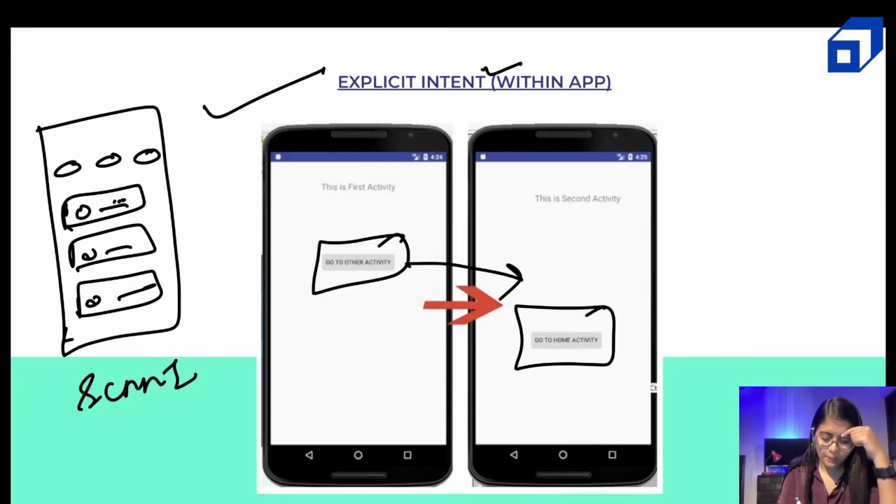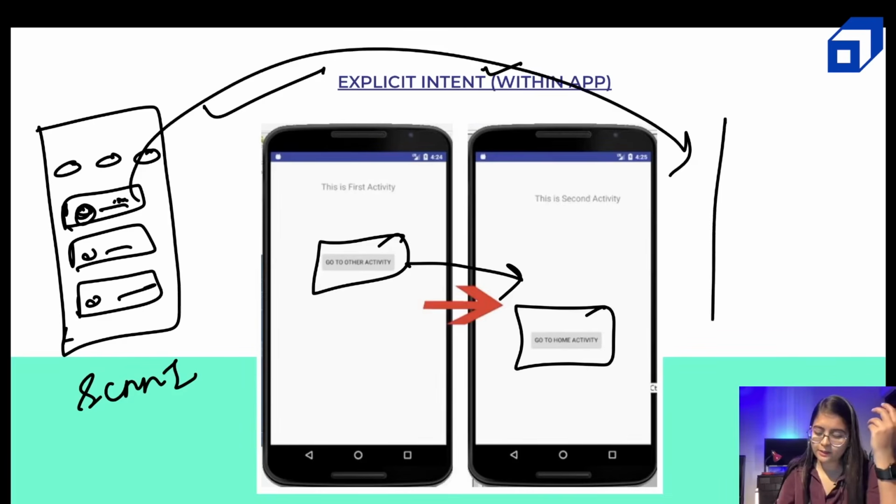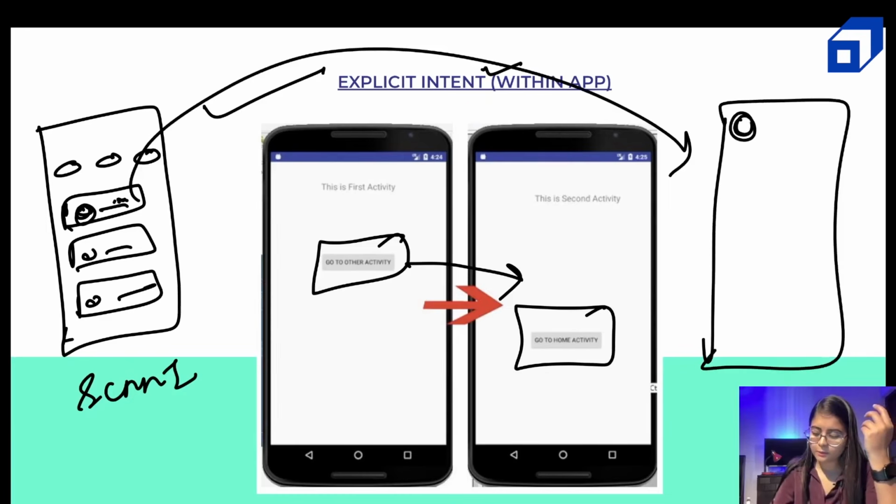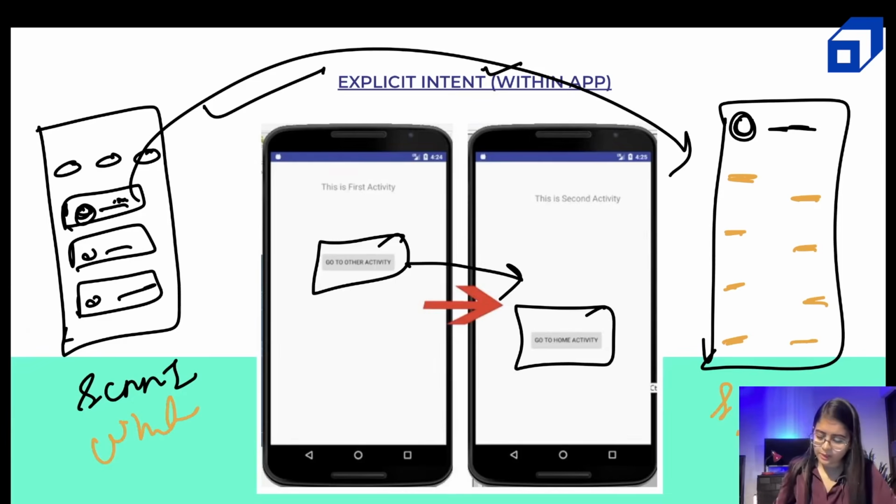Now when you click on a particular contact you want to talk to, you will be redirected to a new page, the person's profile, the name, and then the chat with their message and your message. That is the example of explicit intent. You are staying in the same app, this is screen 2, this is also WhatsApp. So in the same app you are moving from one screen to another, that is explicit intent.